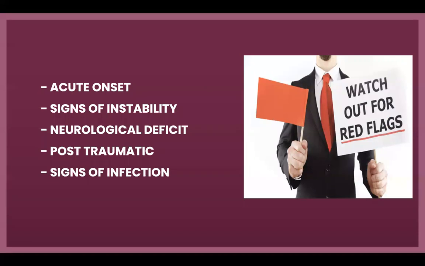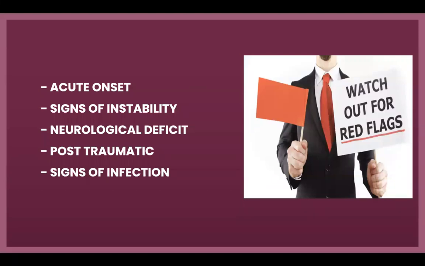The red flags are, first, the acute onset. The gradual diplopia is not that serious, and it will not kill the patient immediately. But the acute onset means a very rapid progression, and the patient may be in danger if this condition is left untreated.